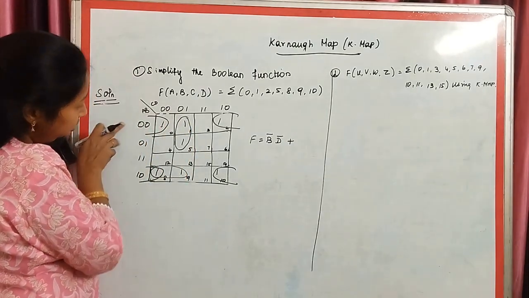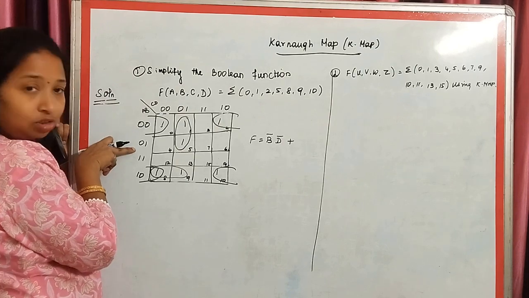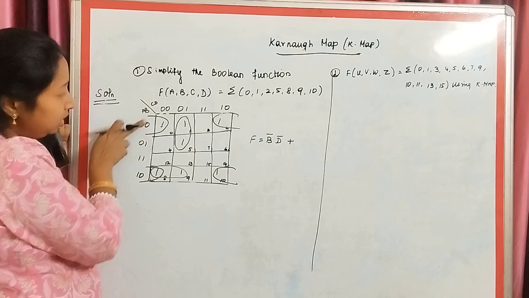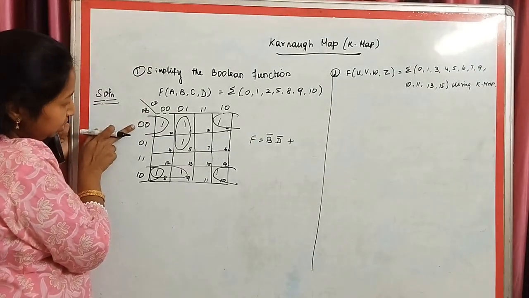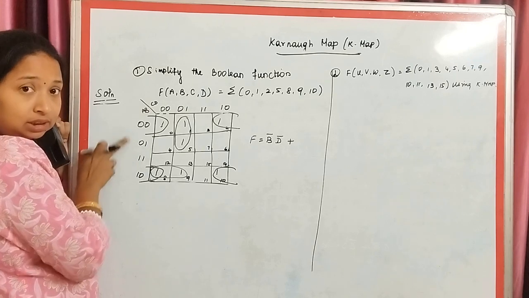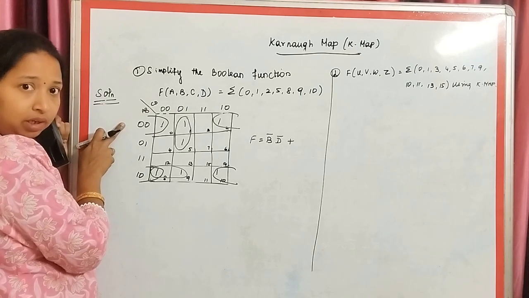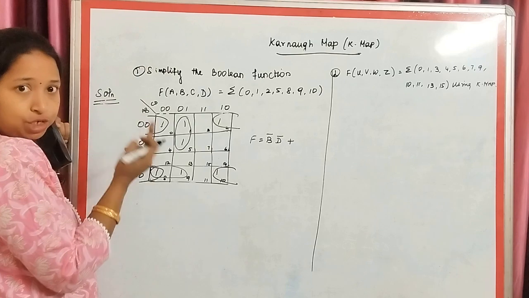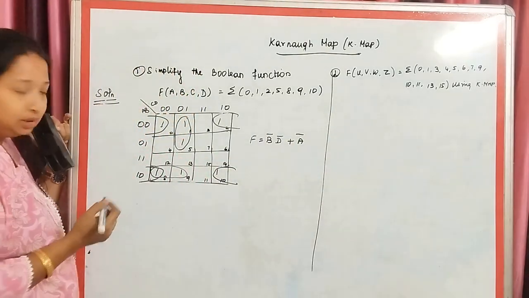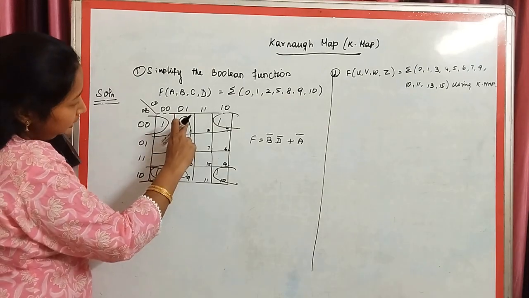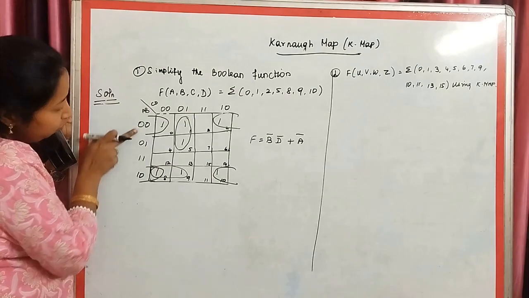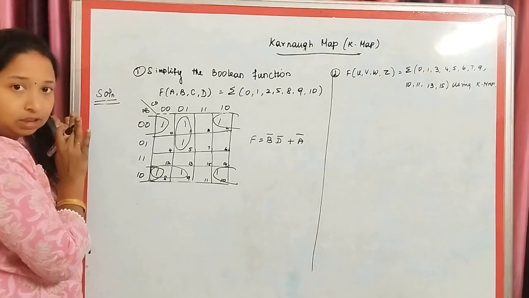Which is common here on the vertical? The first element is common. The first element corresponds to A and the second element corresponds to B. Now check which is common. Only the first element is common, but it is in the complemented form, right? 0 means you have to mention it in complemented form. So it is A bar. Understood? Vertically, we have checked only the first element is matching, the second element is not matching.